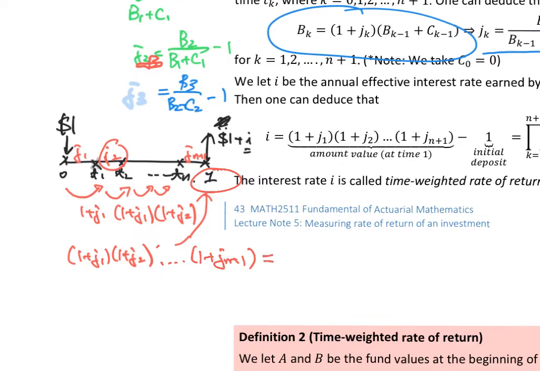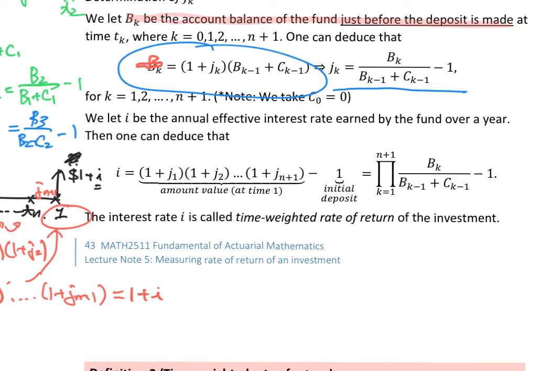Now, to measure the interest that you will earn over the year, you just set this final amount equal to 1 plus I. Given this, you can easily deduce the equation for I, which is equal to this value, and that will be the final formula.